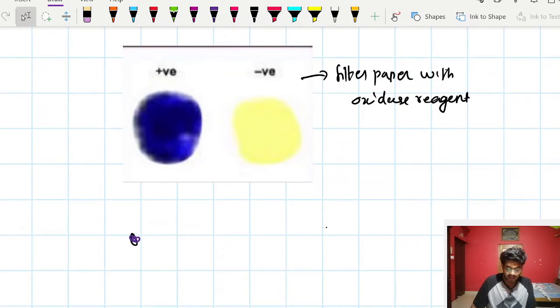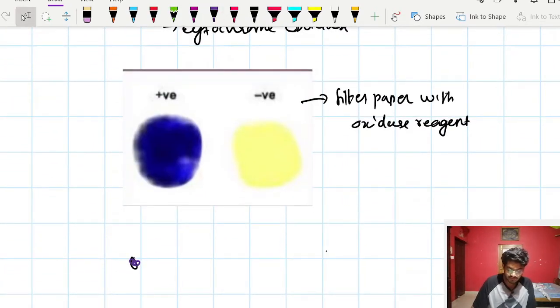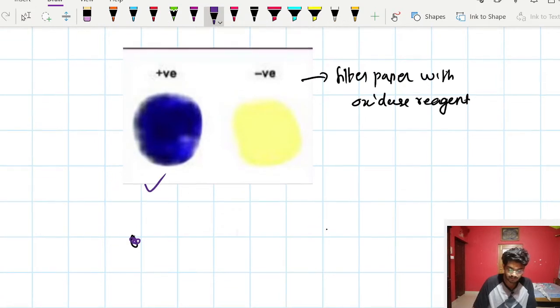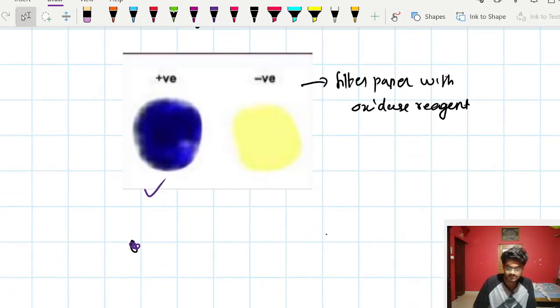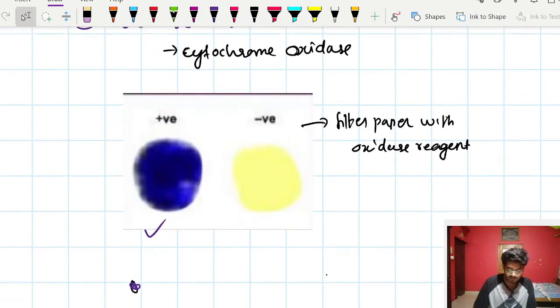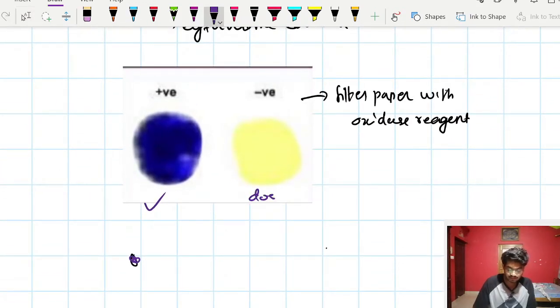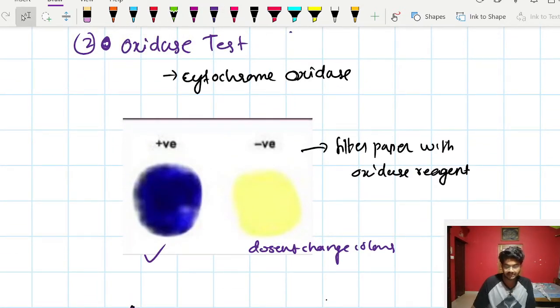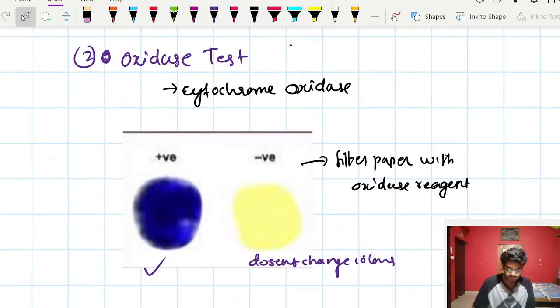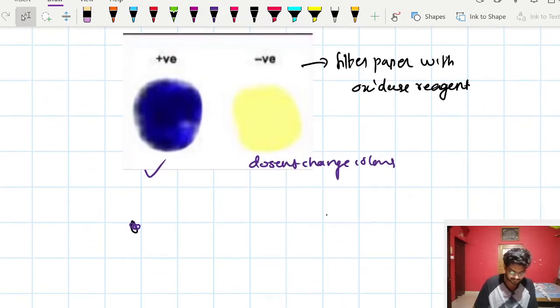If a cytochrome oxidase positive bacterium is present, it will produce a deep purple color, then that is oxidase positive. It consists of cytochrome oxidase. If it doesn't change color, then it is oxidase negative. Okay, so this is the cytochrome oxidase test.